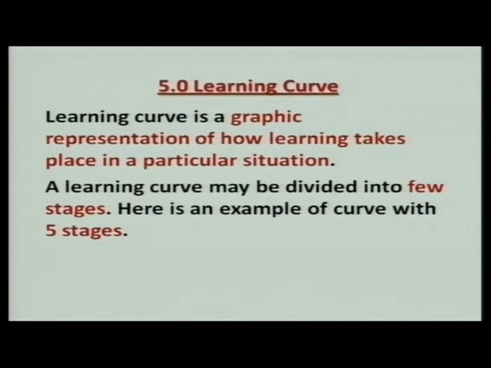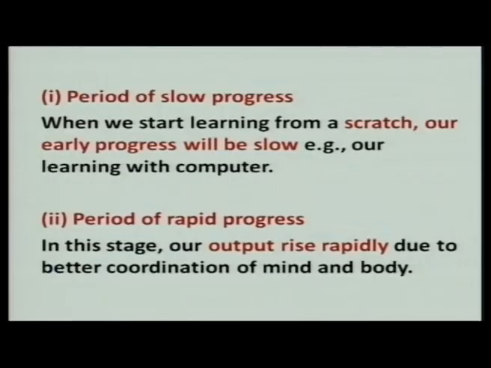Say, for example, you have started learning computers. When you learn something from scratch, and you didn't know anything about computers, at the initial stage your learning will be slow. This is called the period of slow progress, because you are going to learn this for the first time in your lifetime.